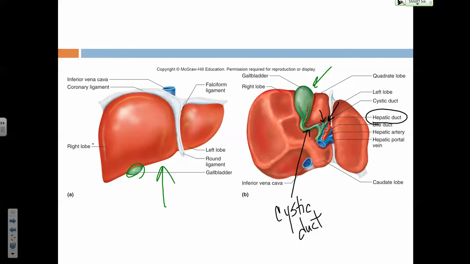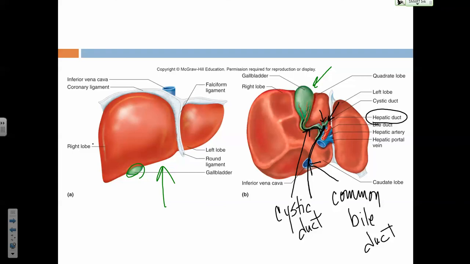Where they join together is the common hepatic duct. But do you see how it then connects to the cystic duct? Where the common hepatic and the cystic duct join together, that is the common bile duct. I've got all this in your notes.